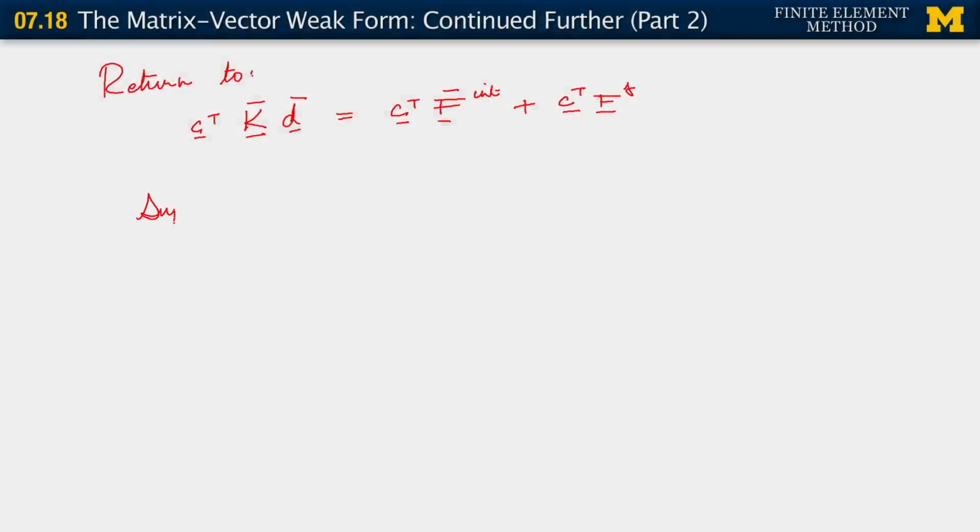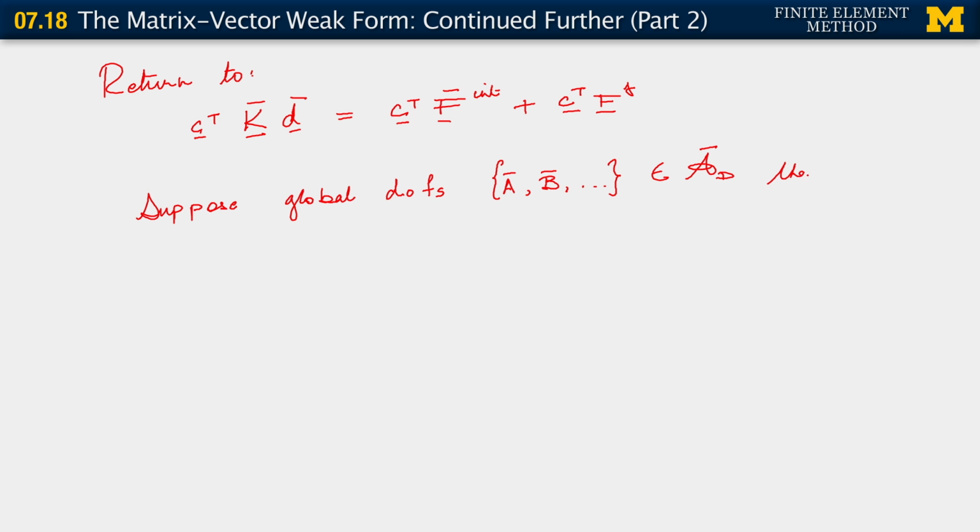Now, suppose that global degrees of freedom A bar, B bar, and so on, right, belong to a set that I'm going to call A sub D, or maybe I should be calling this A bar sub D, okay, which is the set of global degrees of freedom on which we have Dirichlet boundary conditions specified, okay.